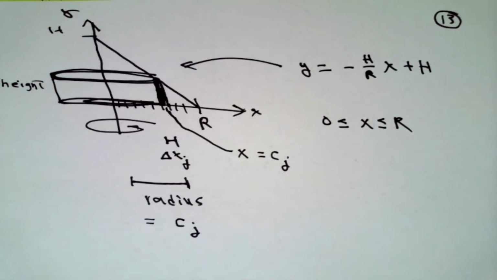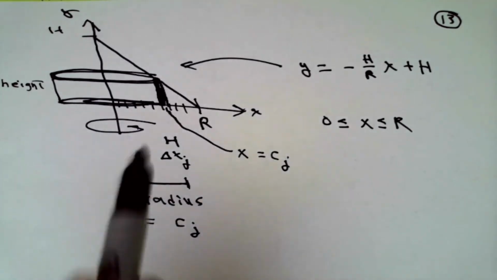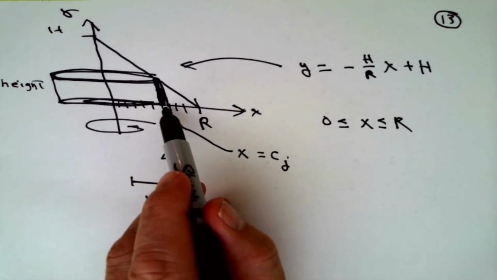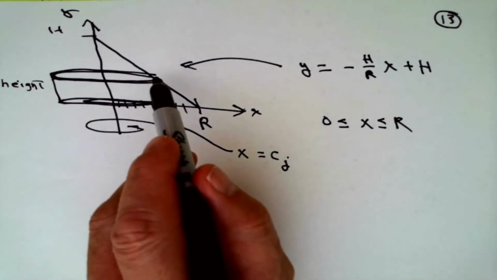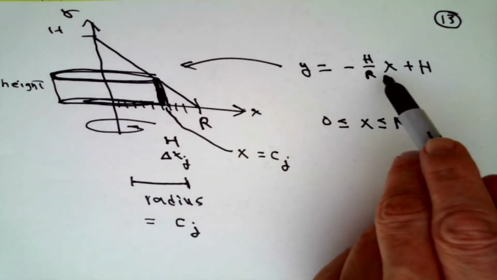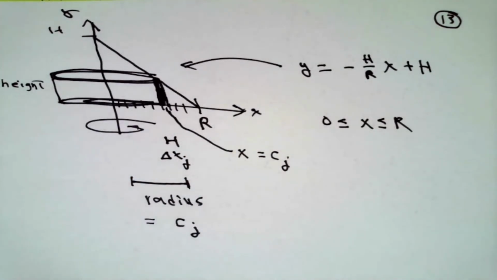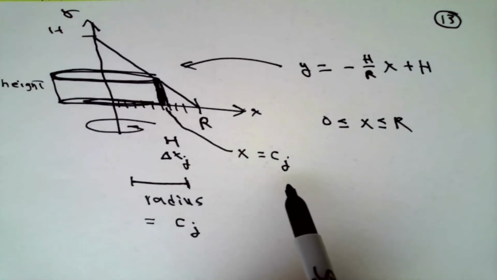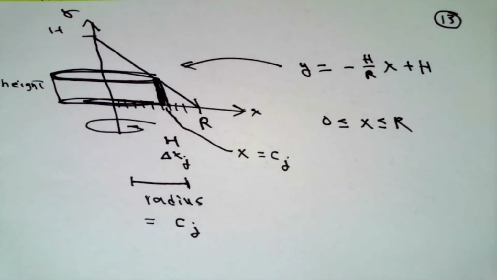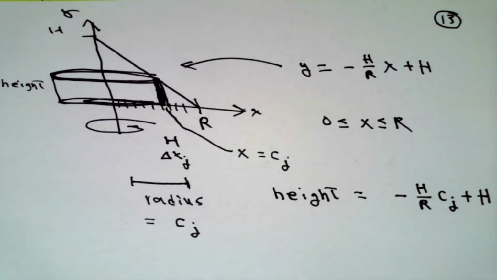The height of that shell is going to be a number that goes from y equals 0 up to the y-coordinate on this graph that corresponds to x equals c_j. The height of shell number j is going to be negative h over r multiplied by c_j plus h.